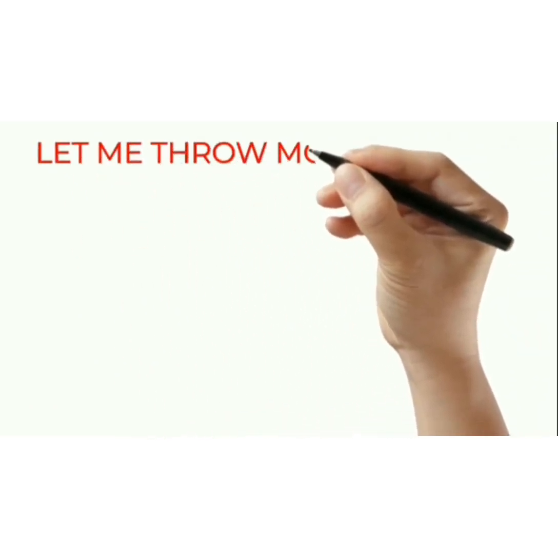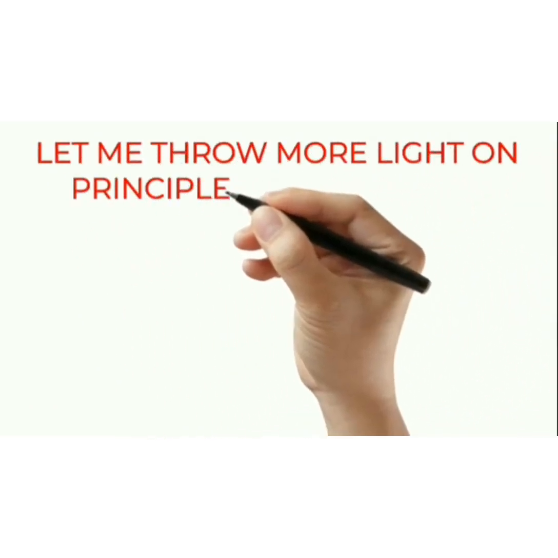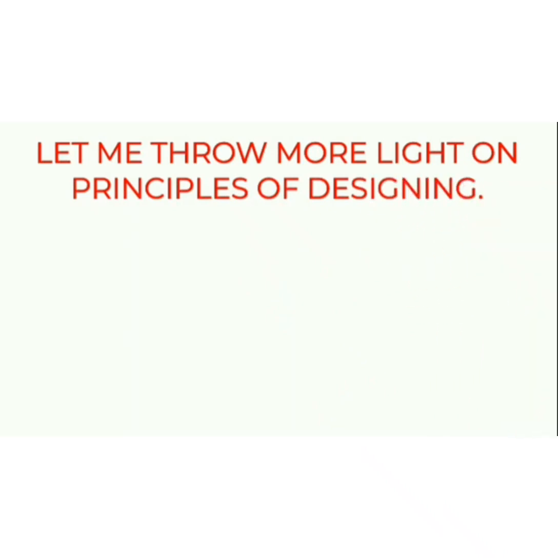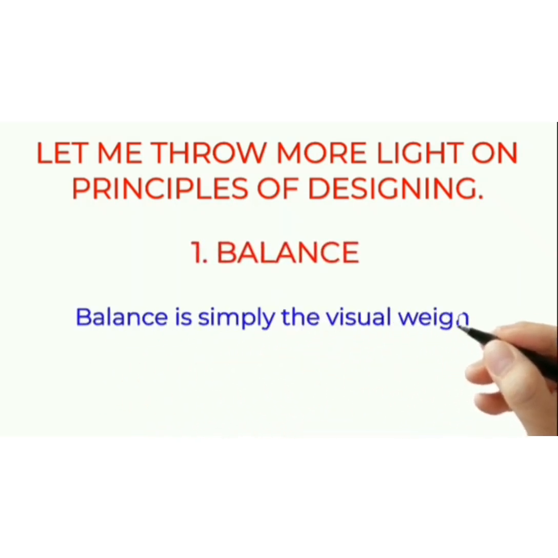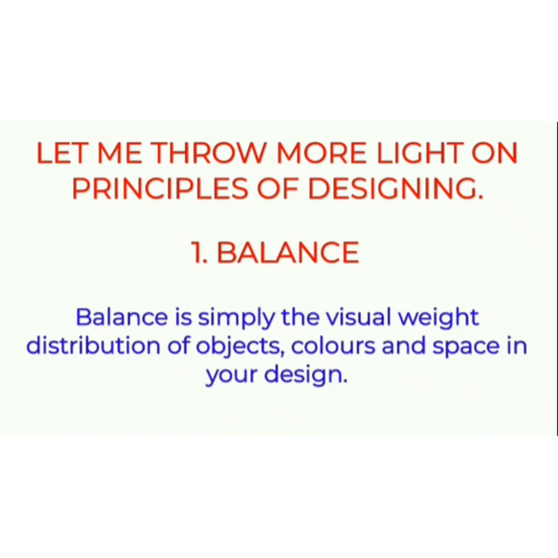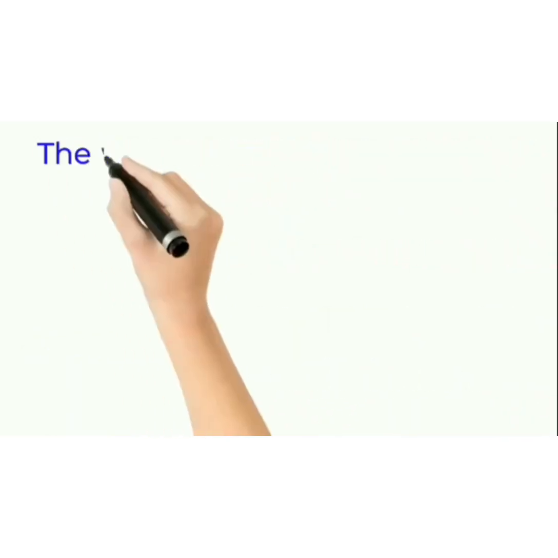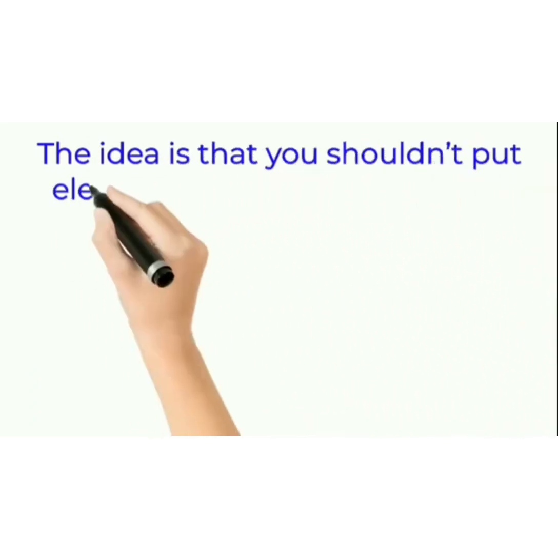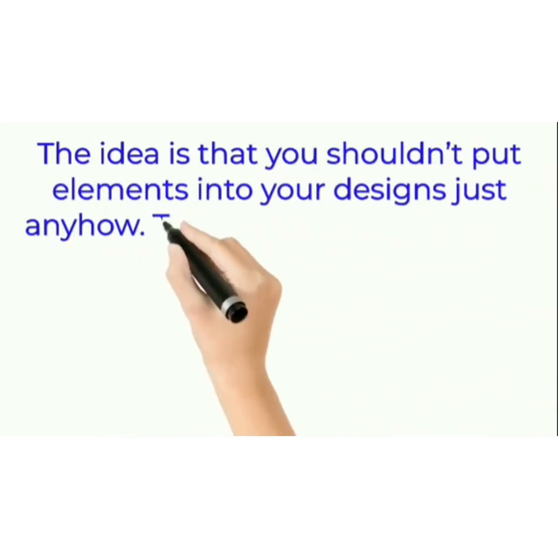Let me throw more light on principles of designing. One. Balance. Balance is simply the visual weight distribution of objects, colors and space in your design. The idea is that you shouldn't put elements into your designs just anyhow.